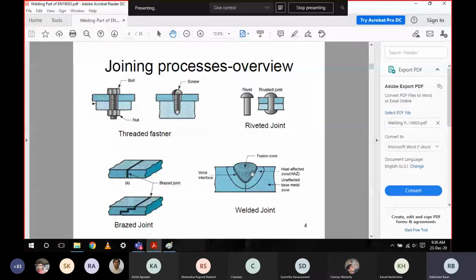Now here in the molten zone, the temperature is very high, so the cooling rate will be very high. And if it is in air, the ambient temperature is lower, so the temperature difference is very high here, so the rate of cooling will be very high here.